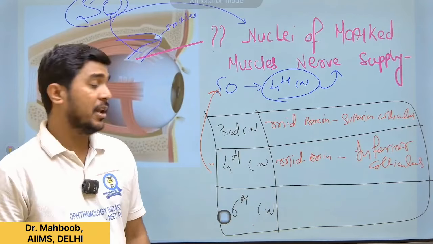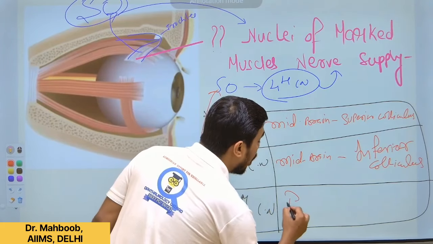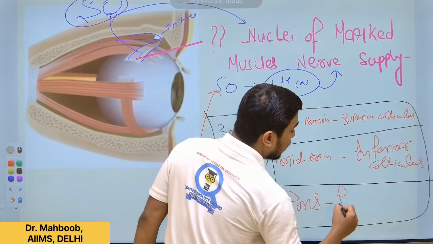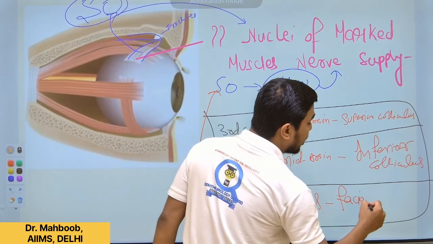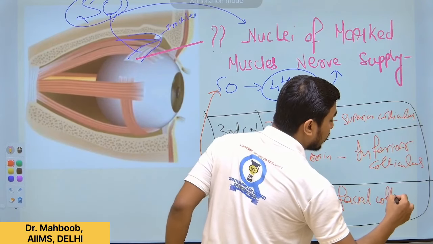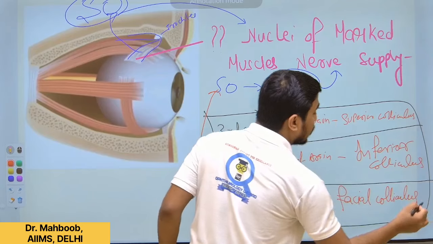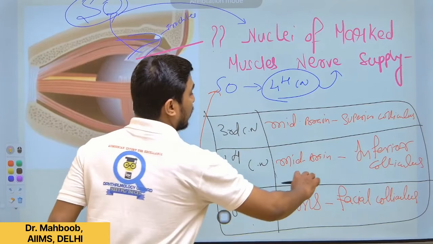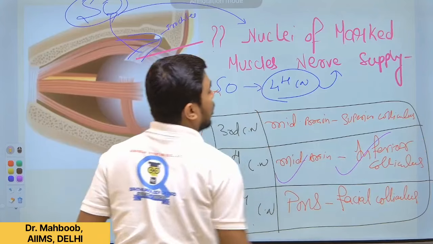And the sixth cranial nerve is in the pons, and it is rounding the facial colliculus. So the answer for this MCQ is this one, inferior colliculus. Understood?